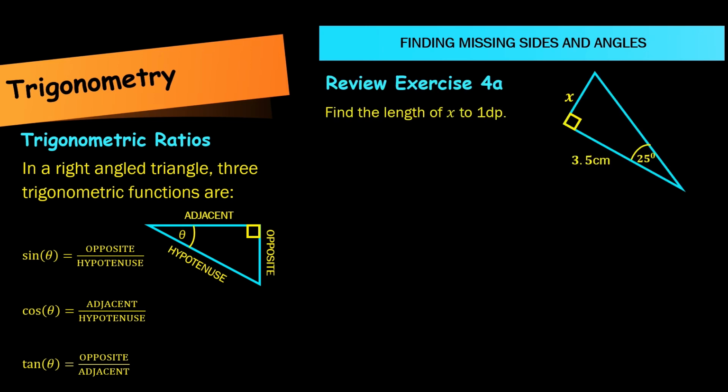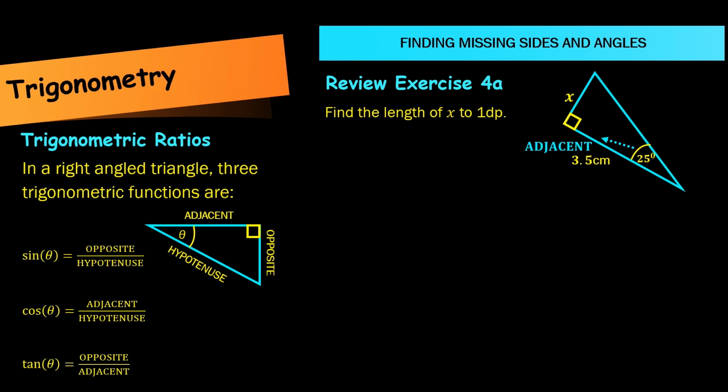In this right-angled triangle shown, we are required to find the length of x to one decimal place. So we have the angle theta, we have one side given, and one side which we are required to find. So we are required to find the side opposite the angle. We know the length of the adjacent side.